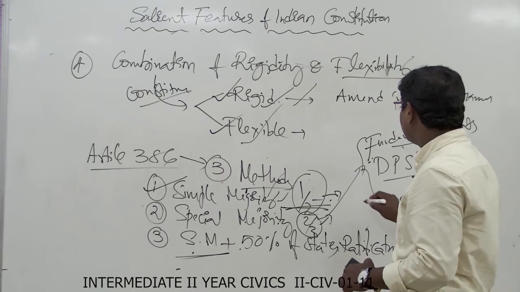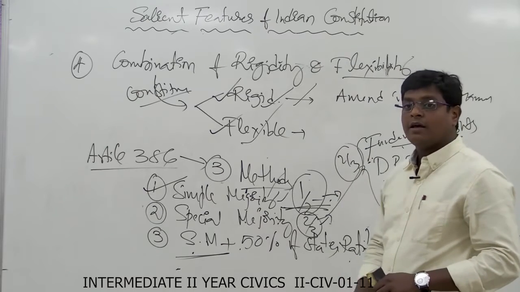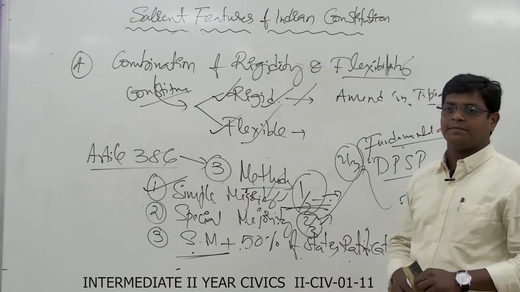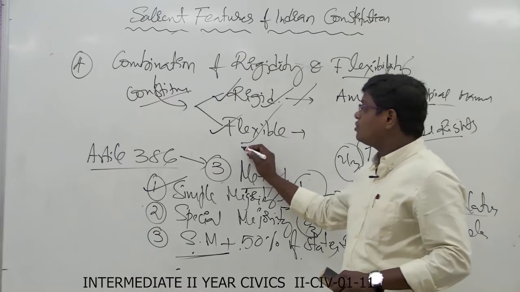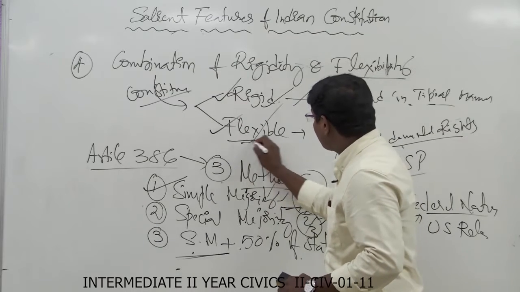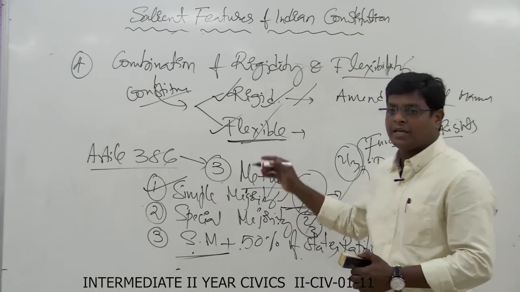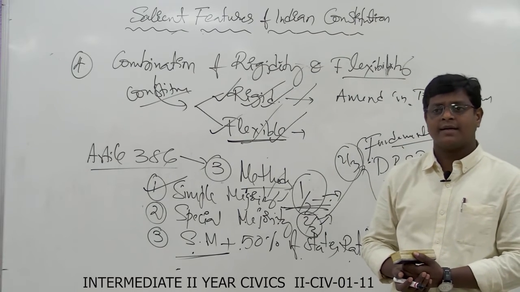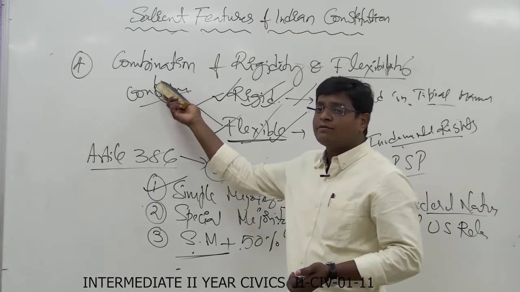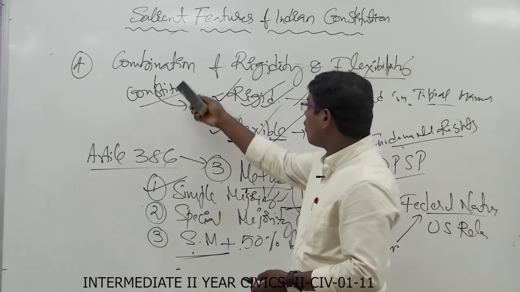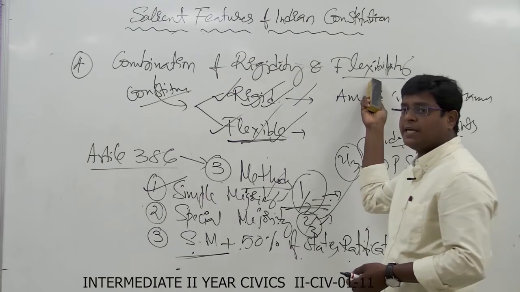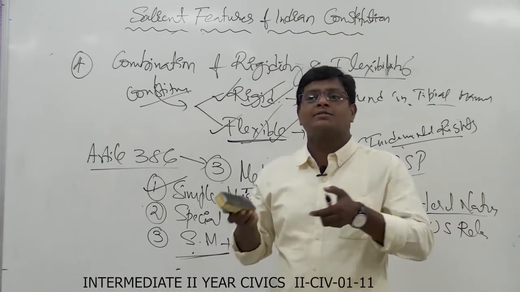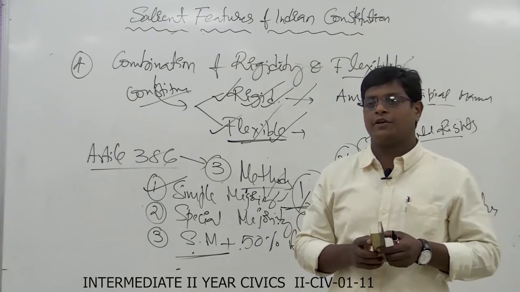For changing these provisions, it requires a two-third majority. So that is why some provisions of our Constitution of India are amended in a flexible manner, and some in a rigid manner. Understood? So this is one of the salient features of the Indian Constitution, that is the combination of rigidity and flexibility, because here we have rigid features as well as flexible features.